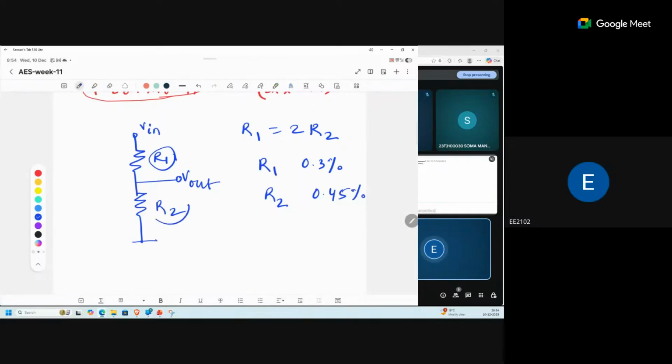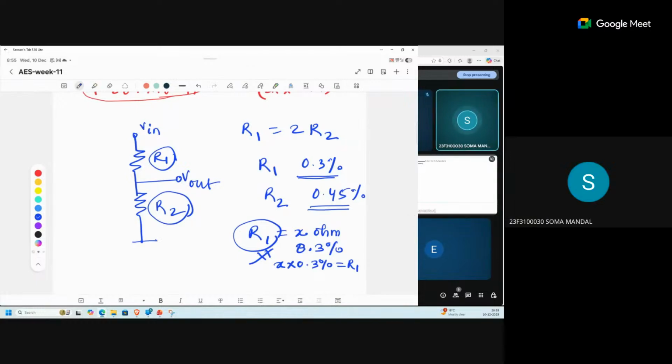Whatever the value of R1 and R2 is, it has a fault. For example, R1 is X ohm, and X ohm has 0.3% fault. That means X multiplied by 0.3% gives the resultant R1 you are getting, and that R1 is not equal to the actual R1 value. Are you understanding my point?